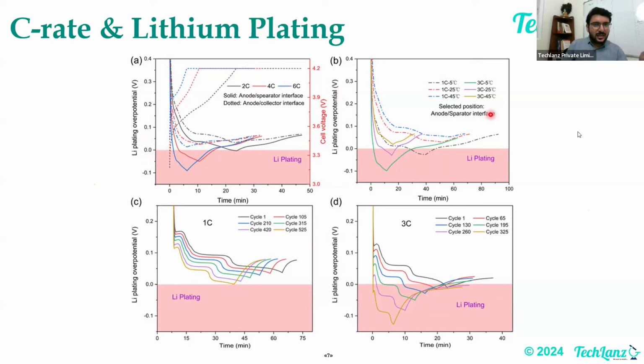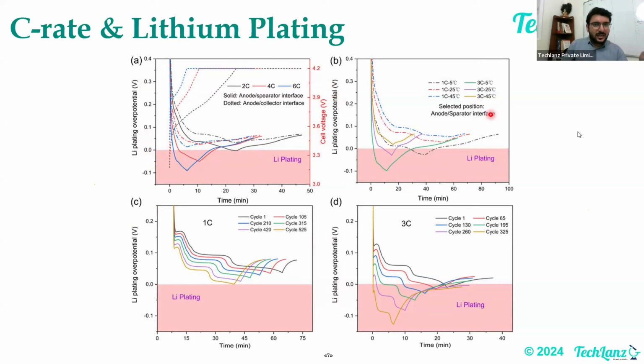In this graph, at the 2C rating you are just touching the border. When you increase the C rates for a given temperature, it goes below this lithium plating potential. When you charge the battery at higher speeds, like 6C, you go further below. The more you are below zero, the higher the chances of lithium plating. You want to avoid lithium plating.